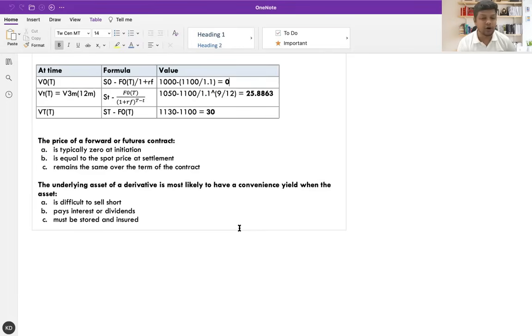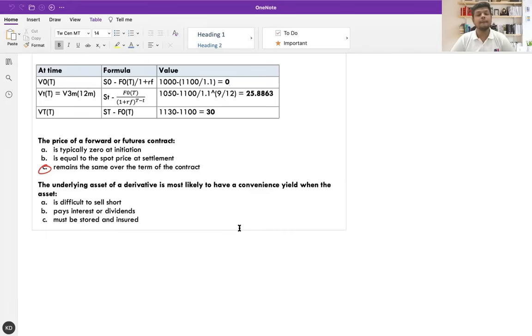If they say value, it's zero. The price will remain the same. So if they ask me the value, then my answer is A. If they ask me price, I will say it will remain the same over the contract, irrespective of wherever the underlying goes. But if they ask me the value at initiation, it is zero, not the price.